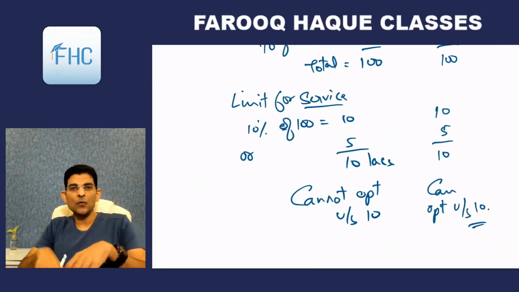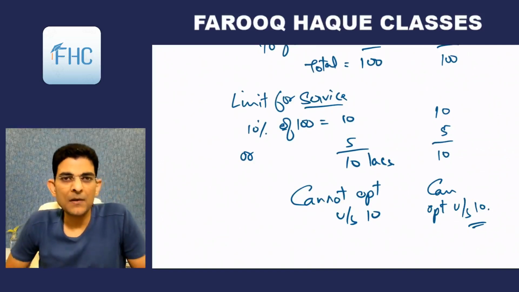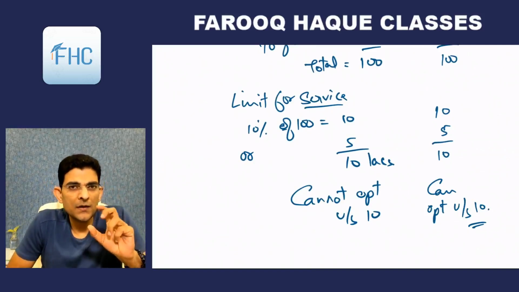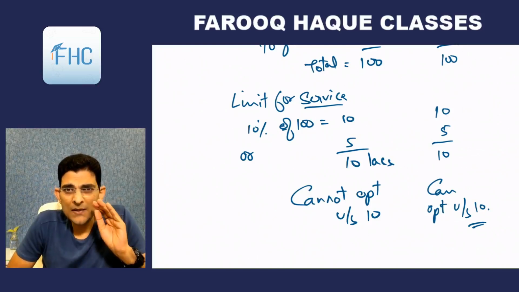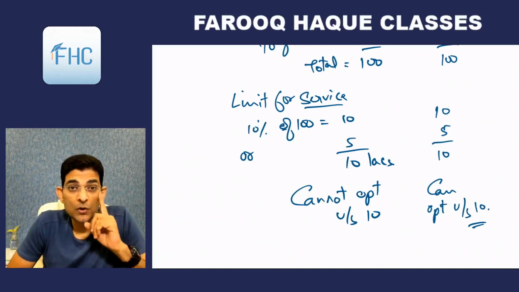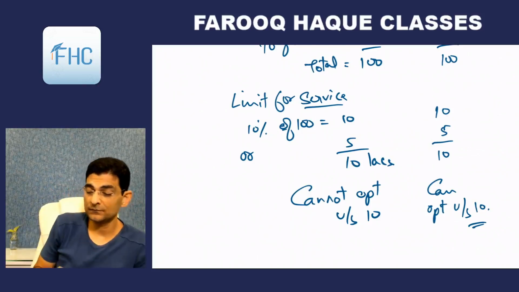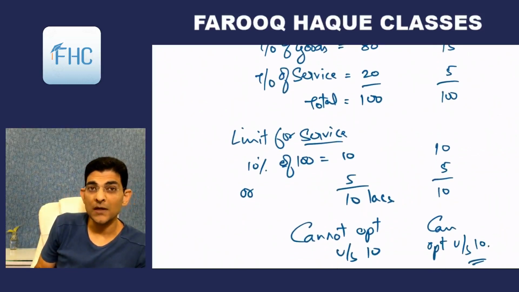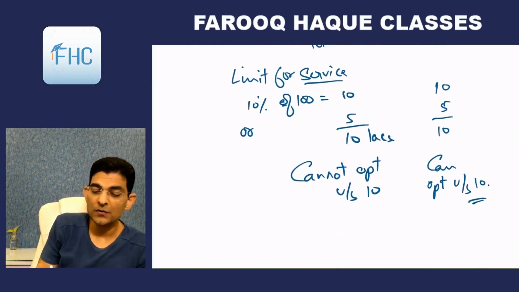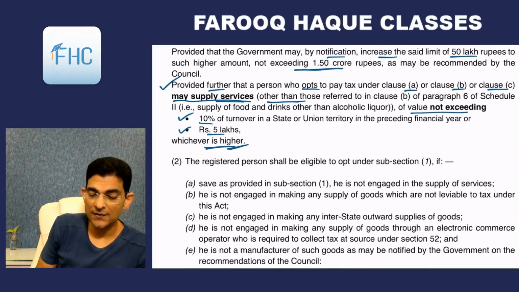So this facility of composition scheme is now made available to small dealers who also give some kind of service which is very low as compared to their total turnover. It is below 10% or 5 lakh, whichever is higher. Earlier it was not allowed, now it is allowed. So that's good. It's a welcome change.